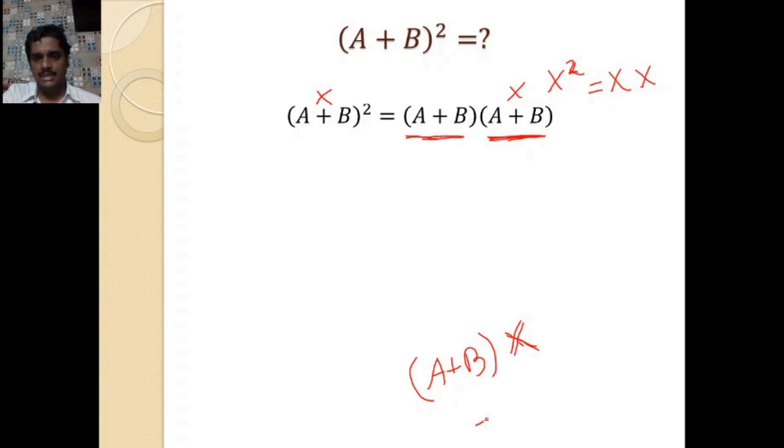And if you see, this is post multiplication of x. So you can apply the distributive law. So this x will multiply with A to give you Ax, and this B multiplied with this x gives you Bx.